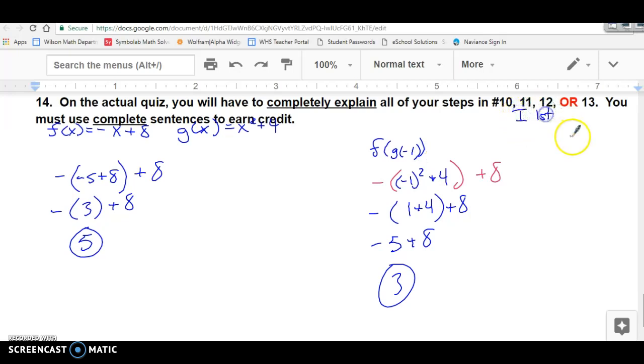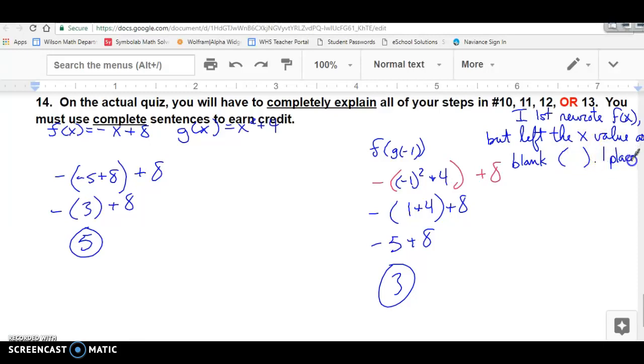I first rewrote f of x, but I left the x value as blank parentheses. Now, I placed g of negative 1 inside these parentheses.